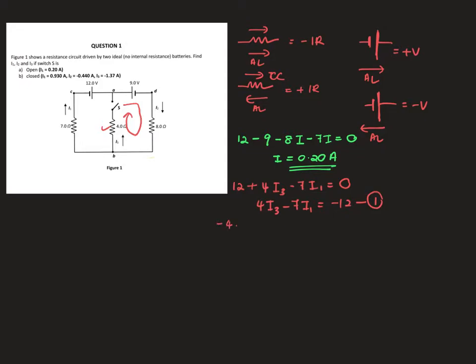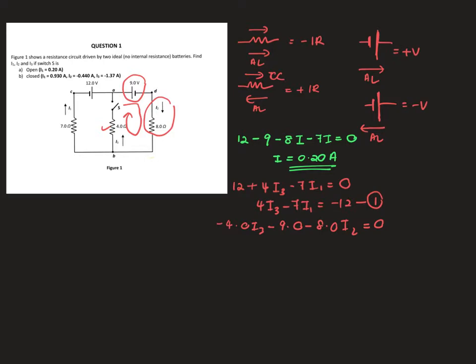So negative 4.0 I3. Then we are going to focus on this one, where the assumption loop is moving from higher to lower. So it's going to be negative 9.0. And for this one, in the same direction as the assumption loop, therefore I'm going to get negative 8.0 I2. There's no more battery or resistor, double check everything, then it definitely equals 0.